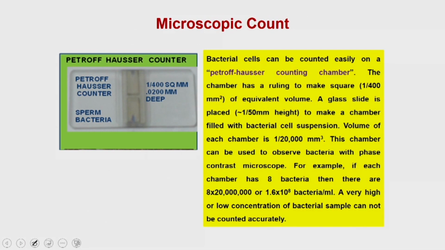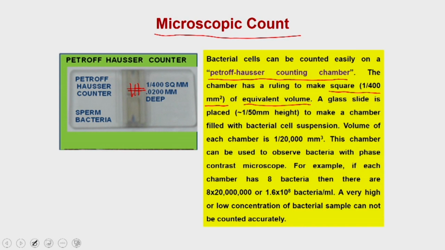In a microscopic count, what you need is a cell counter, a specific cell counter called the Petroff-Hausser counting chamber. You have a chamber in the center, where you can put the cells, and these chambers have a square of size 1/400 millimeter square, which gives the equivalent volume.